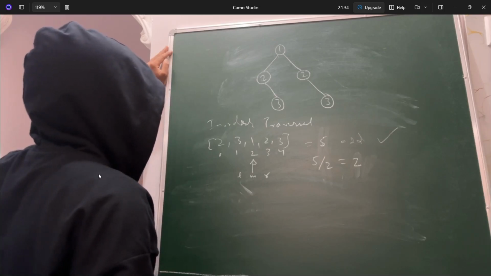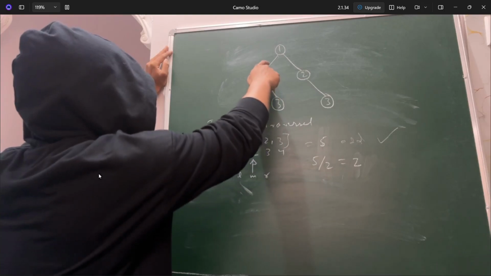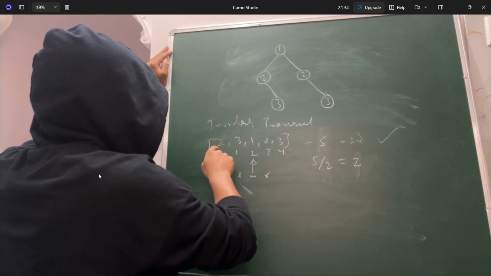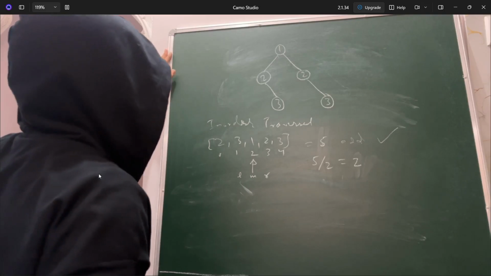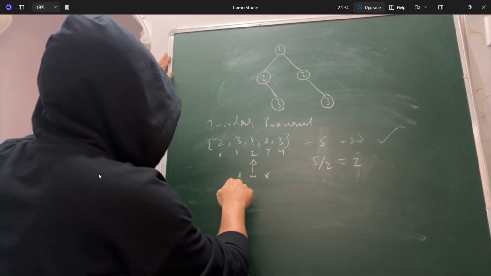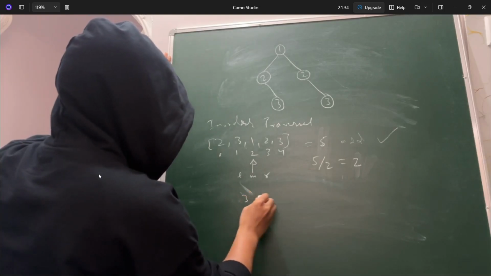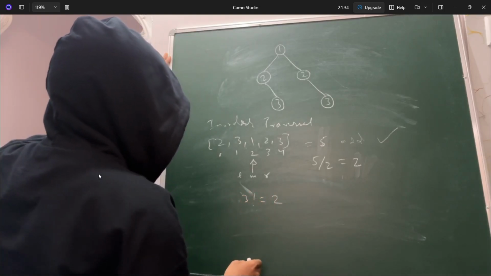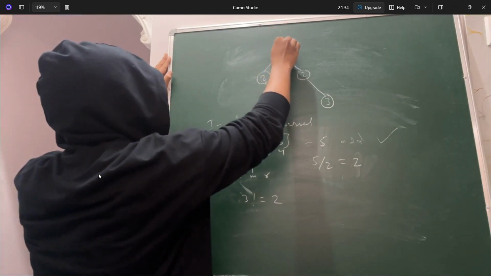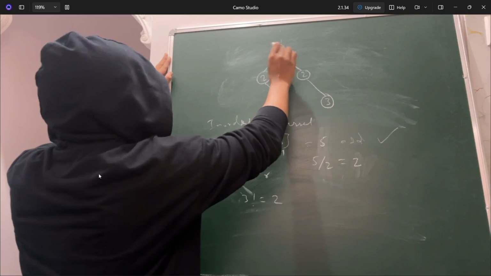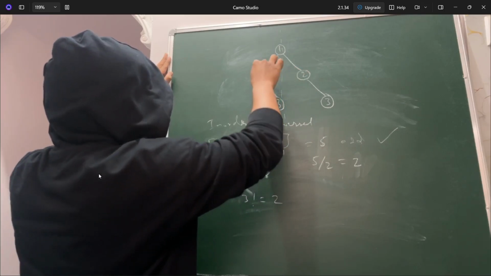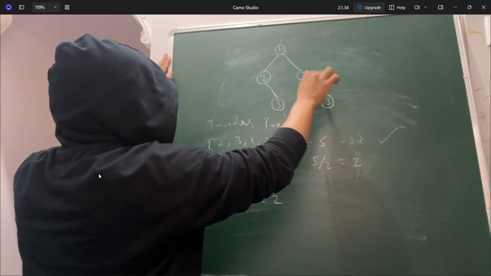Now in this position, when the length is odd, both the elements on the left and right have to be equal. So what I'm trying to say is that we'll have to consider left and right and check the values, which are 3 and 2 and not equal, which means it is not a mirror image, as you can clearly see from the diagram also. 1 is okay, 1's left is 2 and 1's right is 2, which are mirror images, but 2's right is 3 in this case.